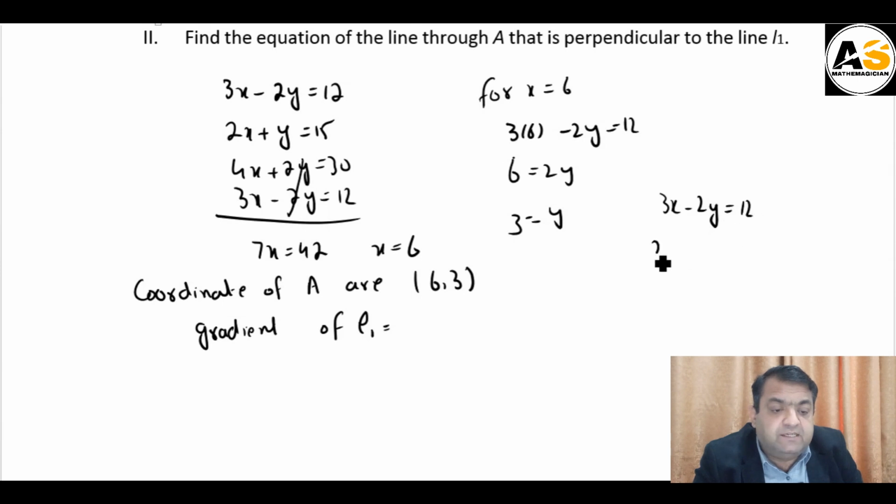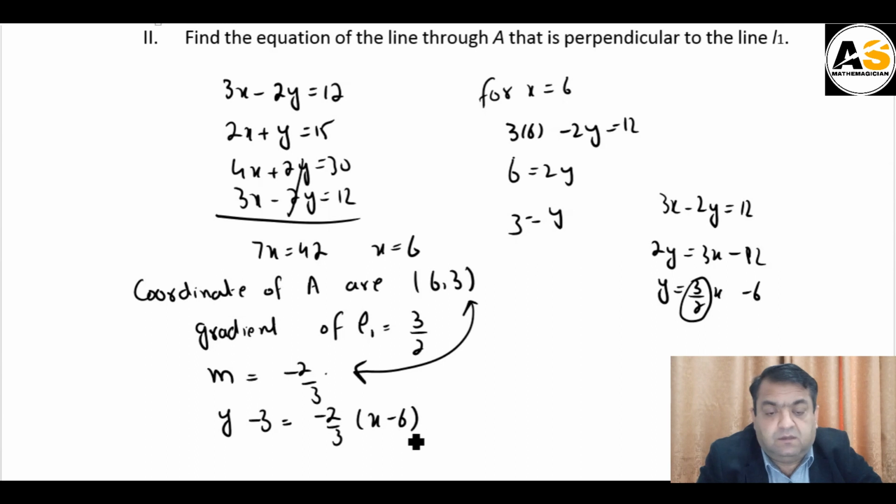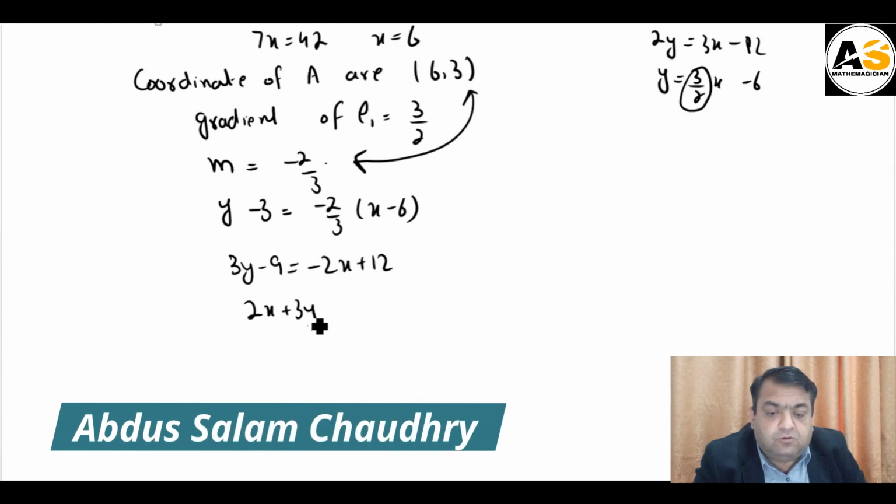I can write 2y is equal to 3x minus 12, and y is equal to 3 by 2 x minus 6. So the gradient is 3 by 2. What will be the gradient of the perpendicular? It's the negative reciprocal. And the point is 6, 3. So we will use the gradient point form: y minus y1 is equal to minus 2 over 3 into x minus x1. 3y minus 9 is equal to minus 2x plus 12. 2x plus 3y is equal to 21.